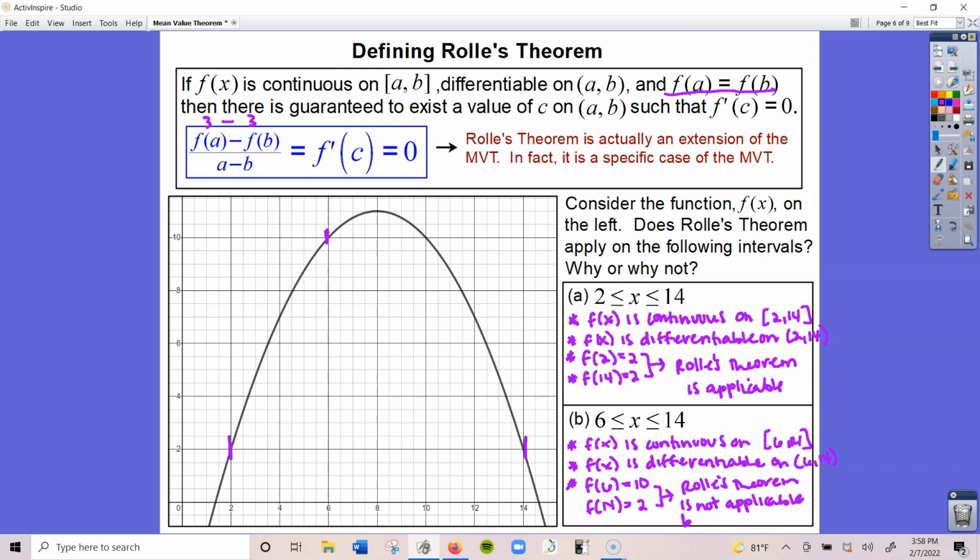And the reason for that is because f of 6 does not equal f of 14. Whenever we are showing why something is not applicable, we always state why. And the reason is because of that third condition. These two numbers have to be equal.